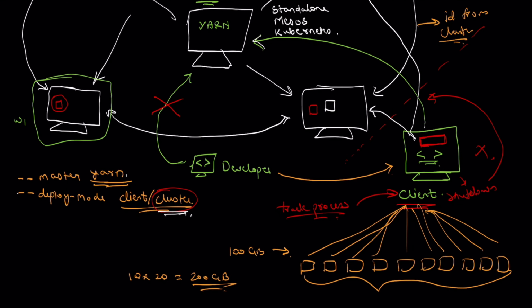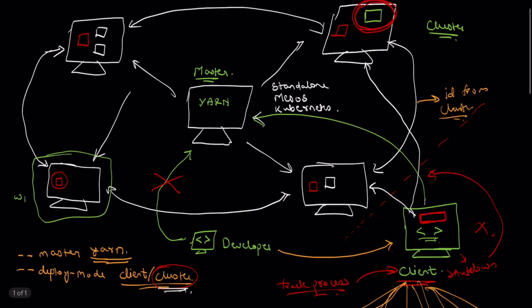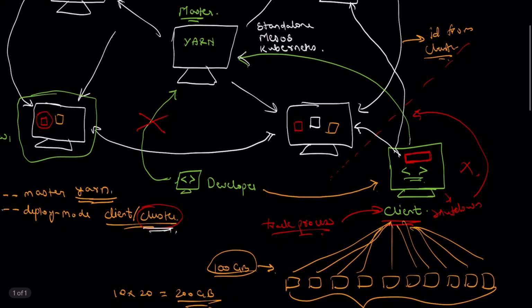But our client or edge node is capable of having only 100 GB. In that case, some of the processes will start failing and the client would throw a driver out of memory exception. But if we are using the cluster mode, since we have multiple clusters, the driver would be created on different clusters. Due to that reason, we won't be getting driver out of memory exception due to extra requests.